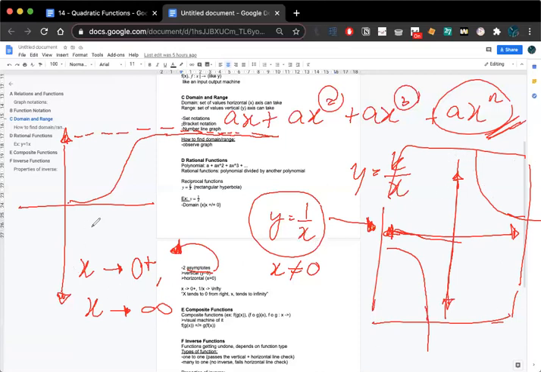And when x tends to 0 from the left, y pretty much tends to minus infinity, and so on.